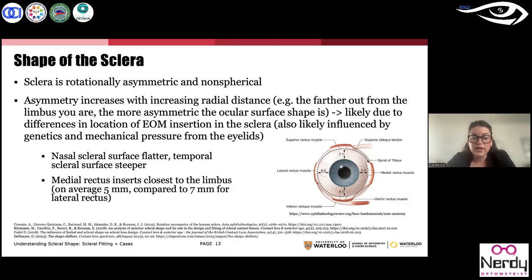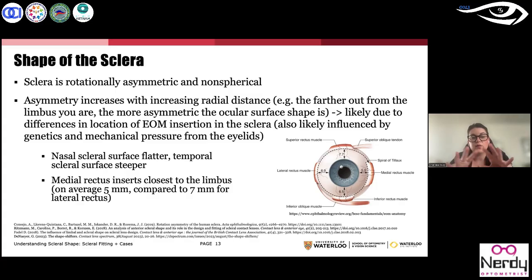Also likely genetic factors, and mechanical pressure from the eyelids. The nasal scleral surface is flatter. The medial rectus inserts the closest to the limbus, about 5 millimeters away, and the temporal scleral surface is steeper. The lateral rectus inserts a little bit farther away as compared to the medial rectus.